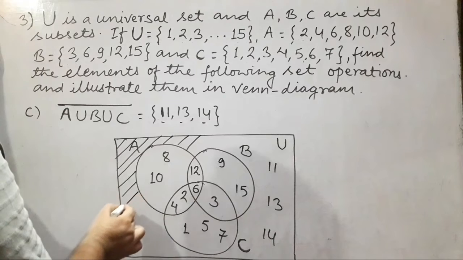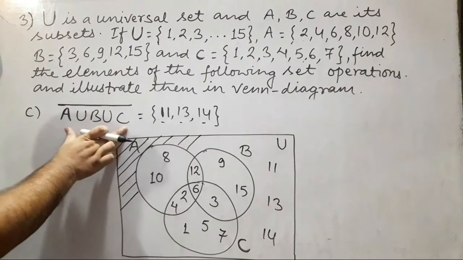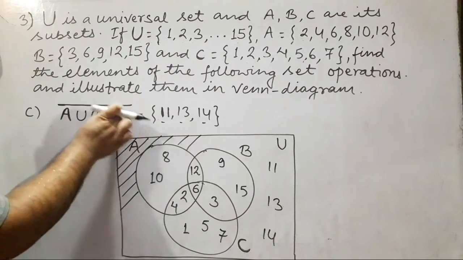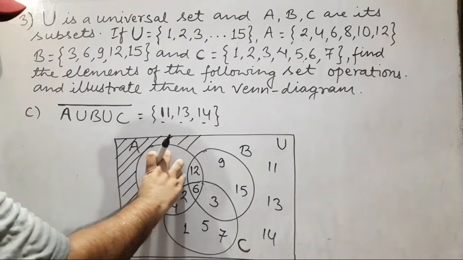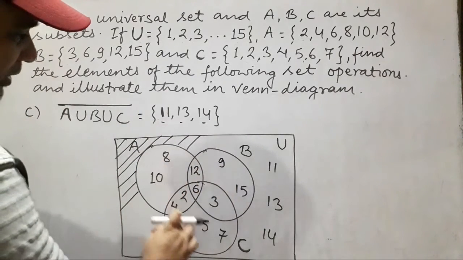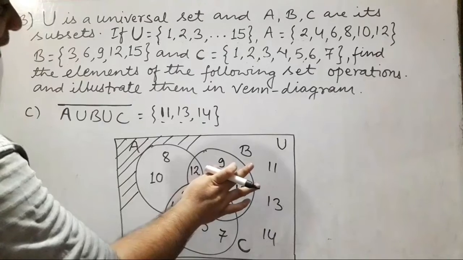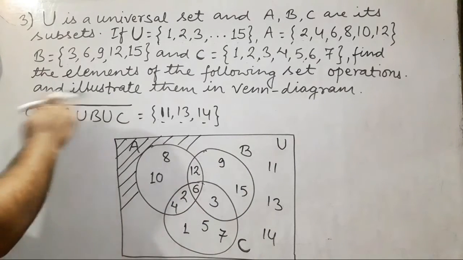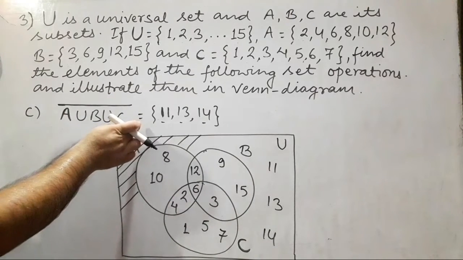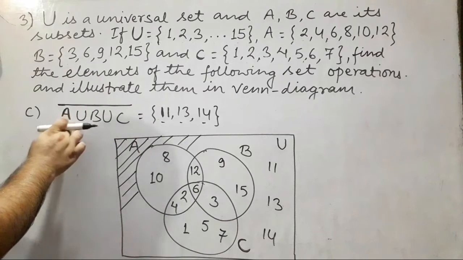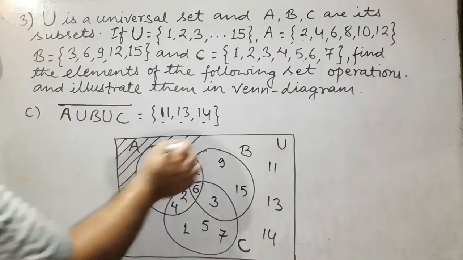It's given A union B union C complement. That means except A union B union C. So this whole part of A union B union C we cannot shade. Its complement is everything except A union B union C, that means outside the A union B union C.